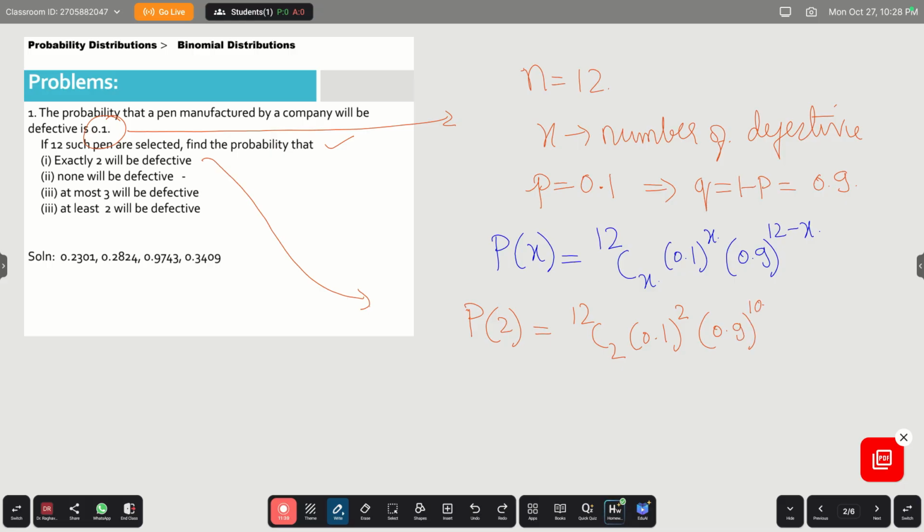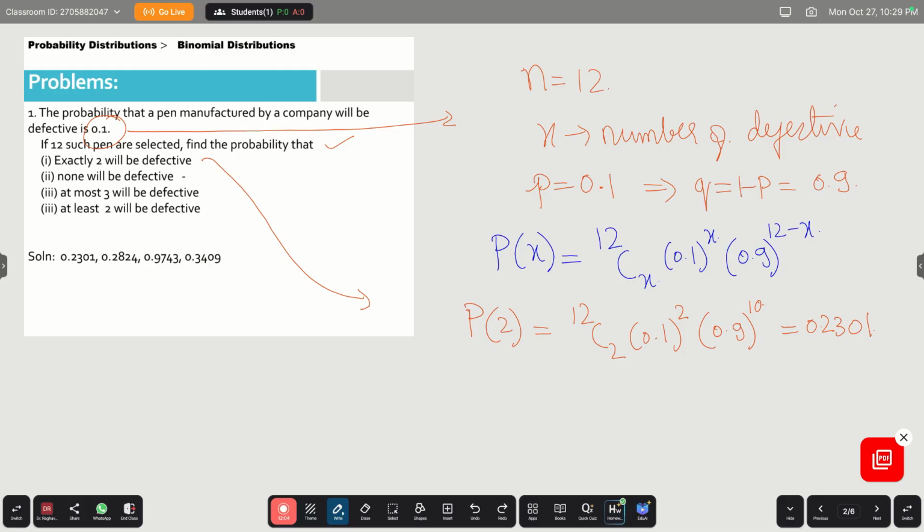So this you can calculate, and the value of this will be 0.2301. So the probability that out of 12 pens, 2 pens will be defective is 0.2301. Approximately 23% chance is there that 2 pens will be defective out of 12 pens selected.